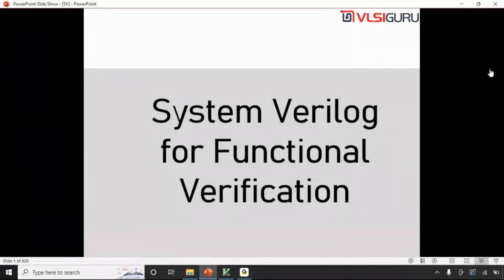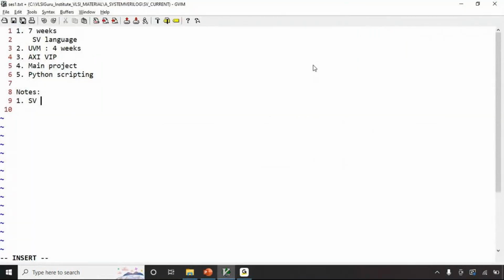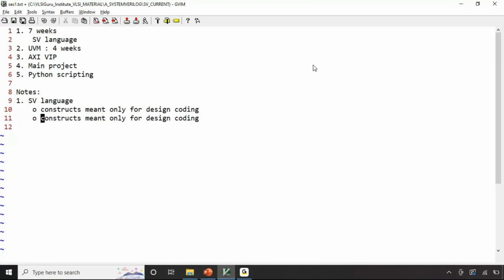Okay, sure. Thank you. So we were discussing that the SystemVerilog language has two kinds of constructs. The constructs meant only for design, and second, constructs meant only for verification. The design part is not a major update, it's very minor.